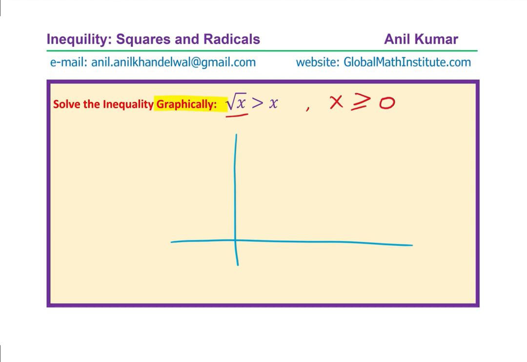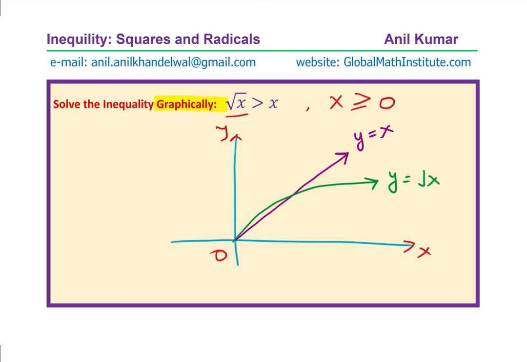Now the graph for y equals x will look like this, correct? This is y equals x. And if you sketch the graph of square root of x, it will be kind of like this. Y equals square root of x.